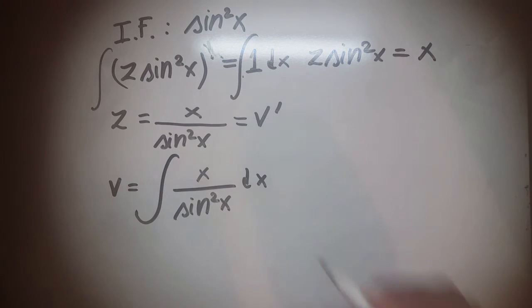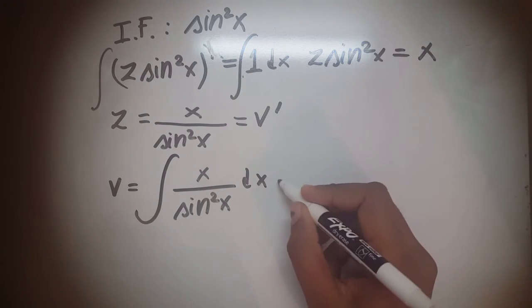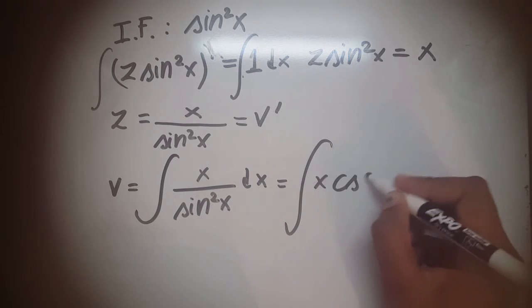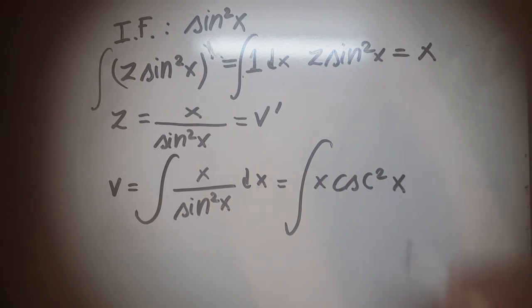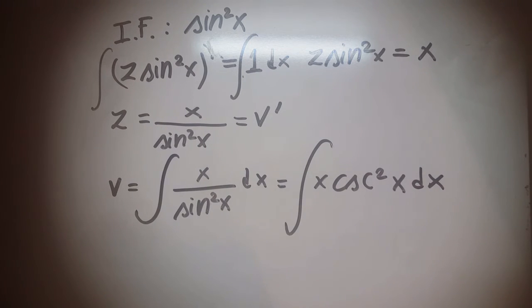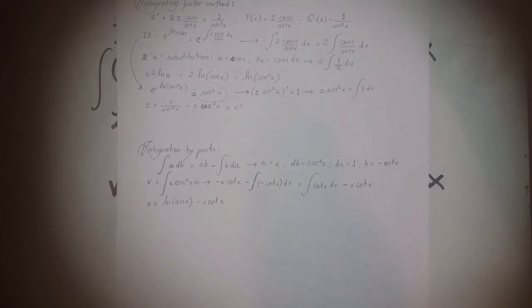And you can even further simplify it by calling it the integral of x times cosecant squared of x, and then let's not forget about the dx. Once again, I will not solve this in the video because of my time limitations, but this second part would be the way to integrate it by using integration by parts.